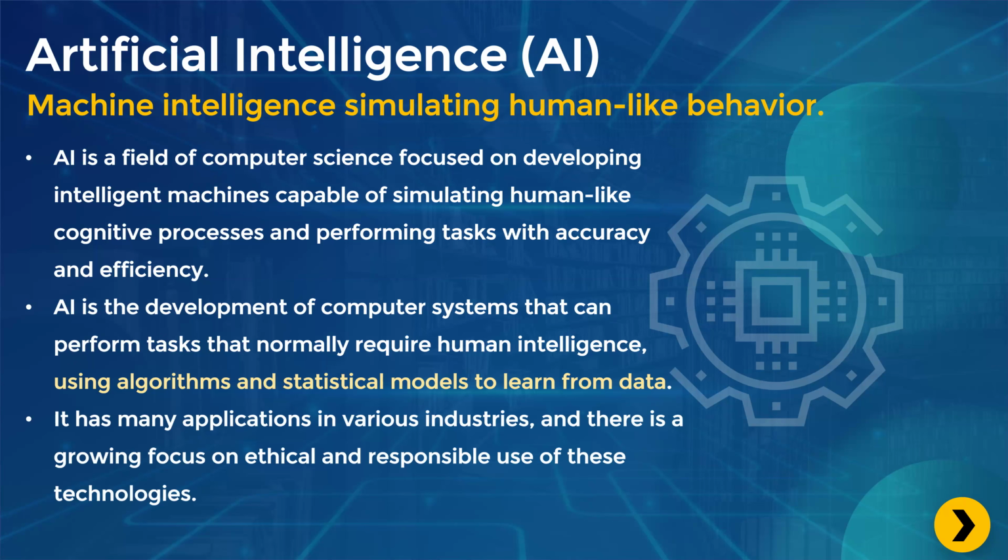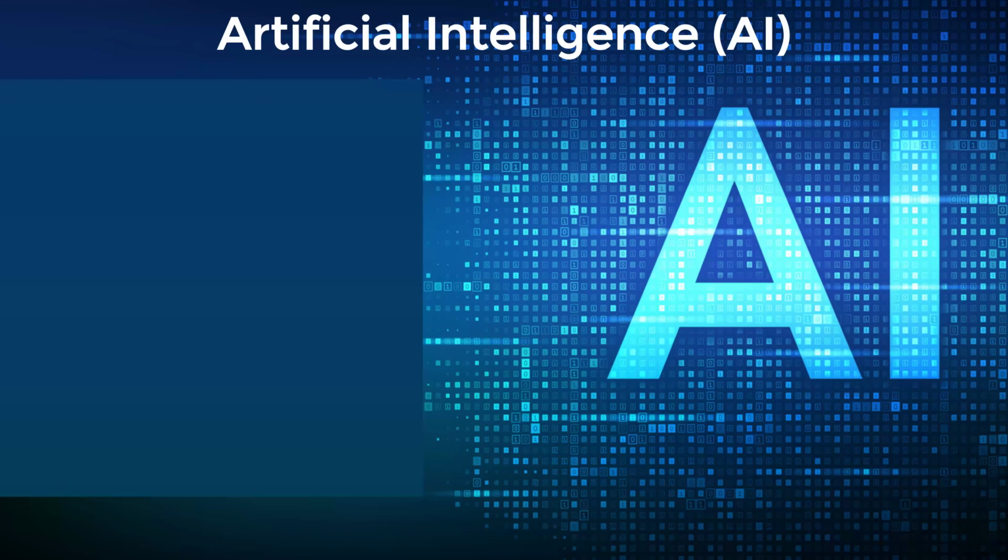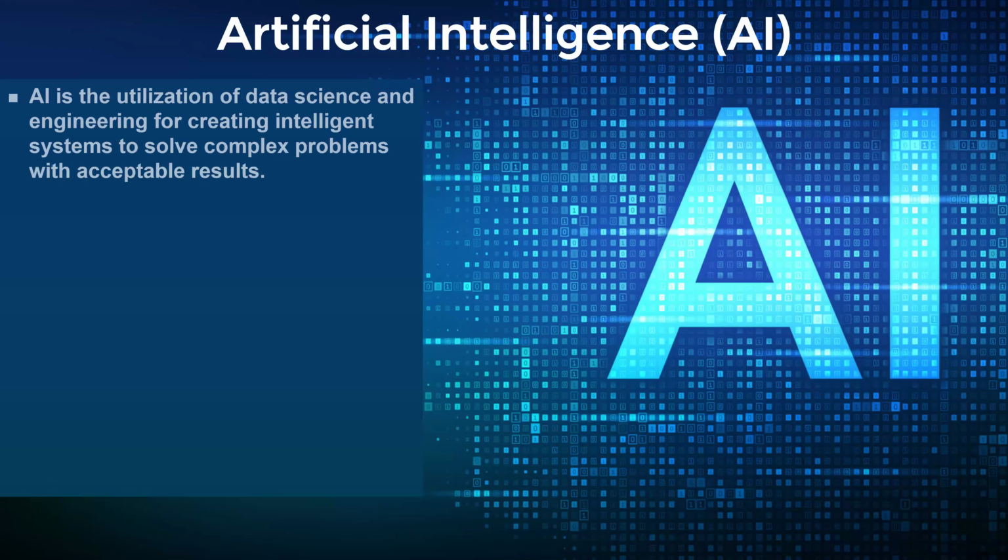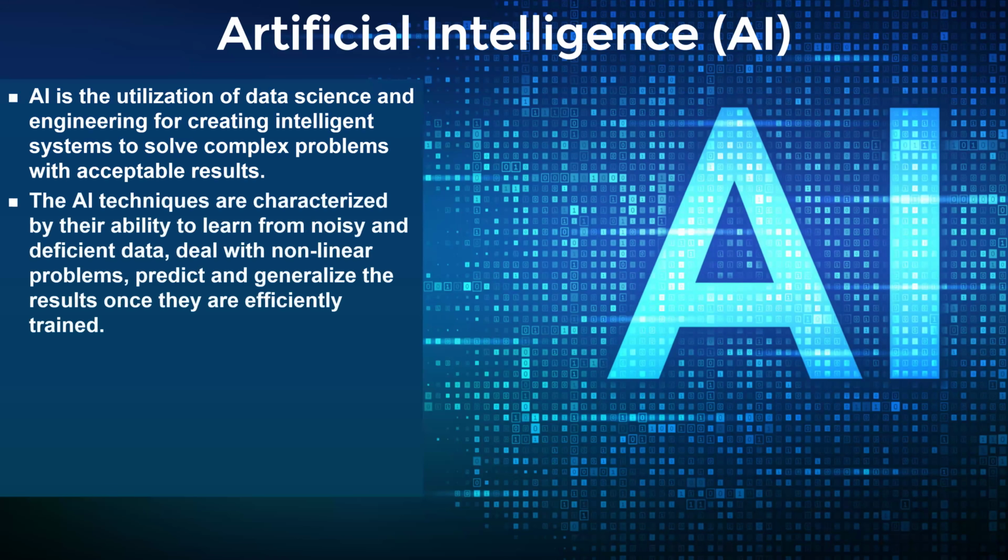So we have many applications, actually unlimited applications of AI in different disciplines, including manufacturing, engineering, medicine, aerospace, and so on. So AI is, as mentioned, the utilization of data science and engineering to create intelligent systems to solve complex and non-linear problems.